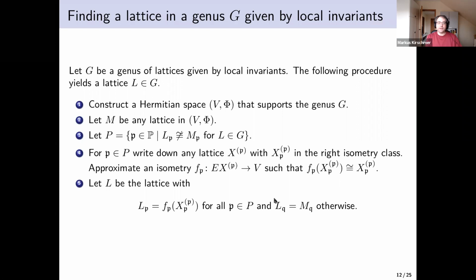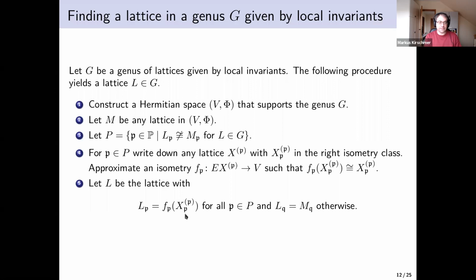And once you're there, and you've done that for all the places in P, then you're done, because now you take the lattice M, and then locally at all the places in P, you change it locally at P to be that image here. And I told you previously that using pseudobases, you can manipulate a lattice at a single place. Yeah? So you just start with M, and locally at all the places in P, you make sure that it looks like that.